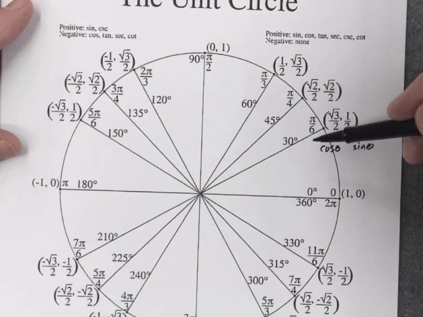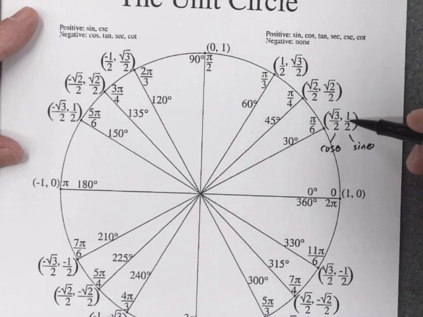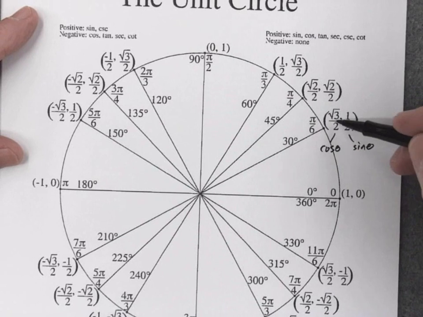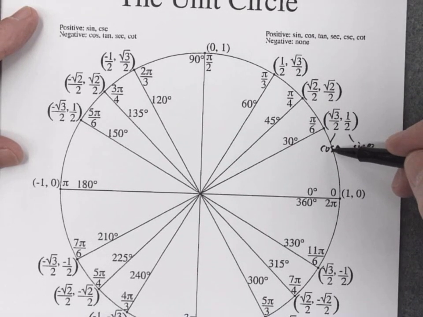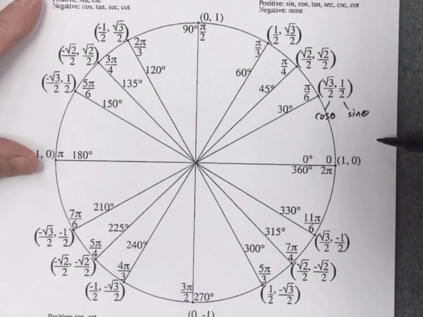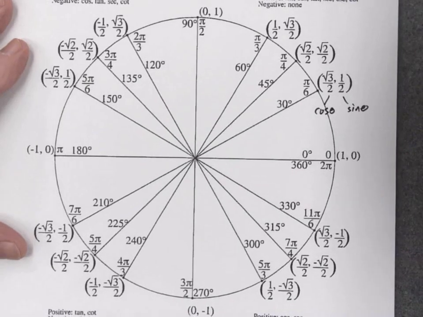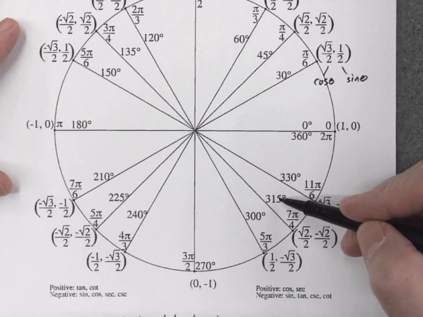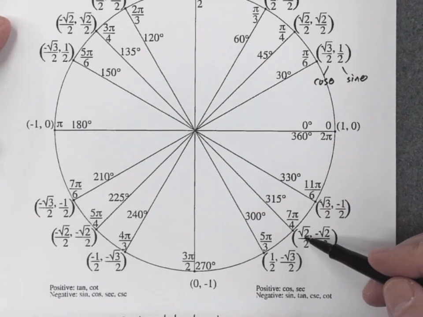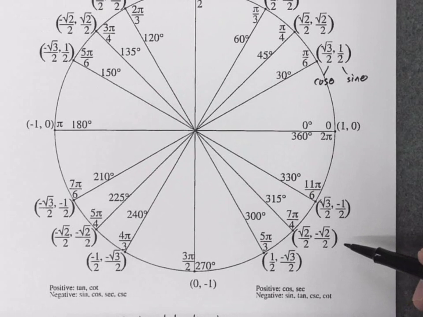And once we know what our special angle is, we can go to this point. This is the x and the y, and x is always the cosine of that angle, and y is always the sine. So once again, if we need to know the sine of a 315-degree angle, we go find it here, and the sine is negative square root of 2 over 2.